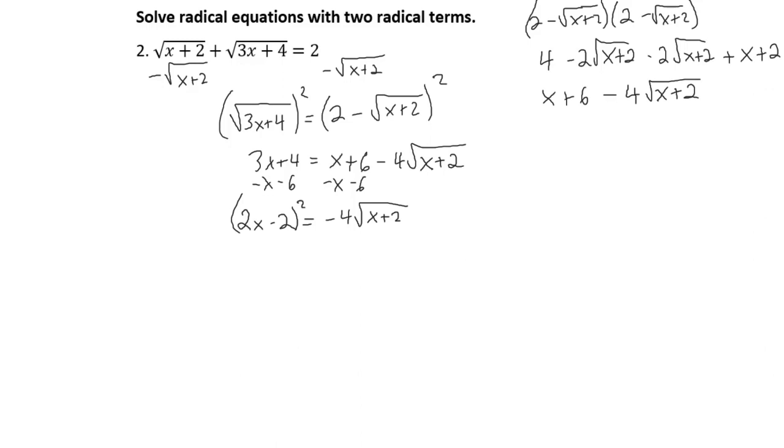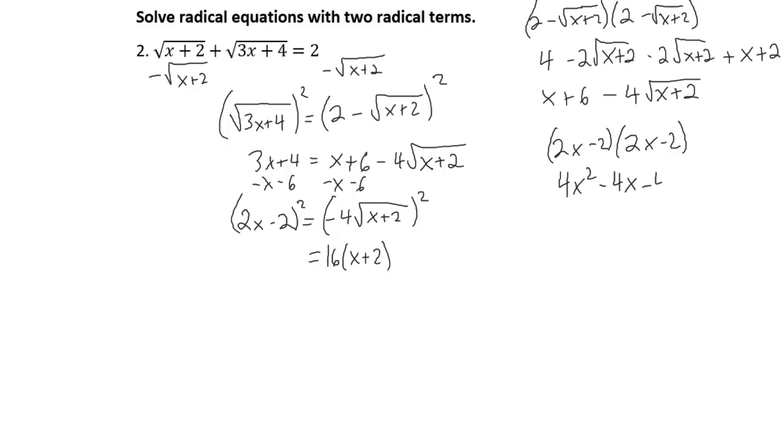And square both sides. And we get 16 times x plus 2 on the right. And on the left, we'll go ahead and do that math over here. Multiply 2x minus 2 by itself. And that gives us 4x squared minus 4x minus 4x plus 4.